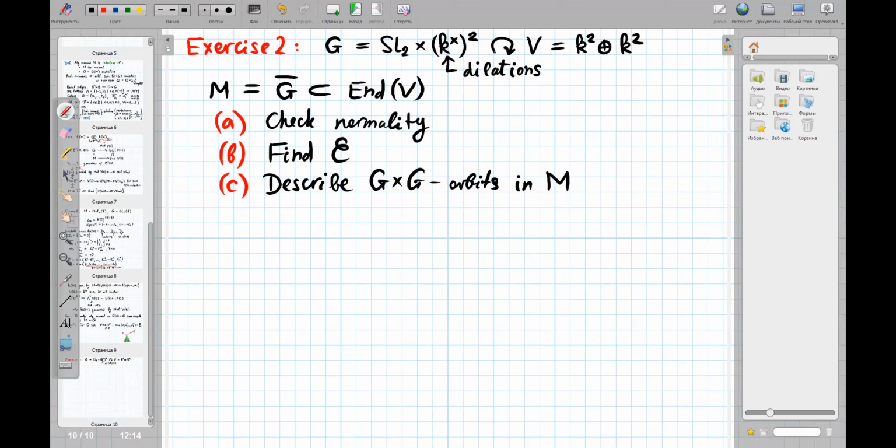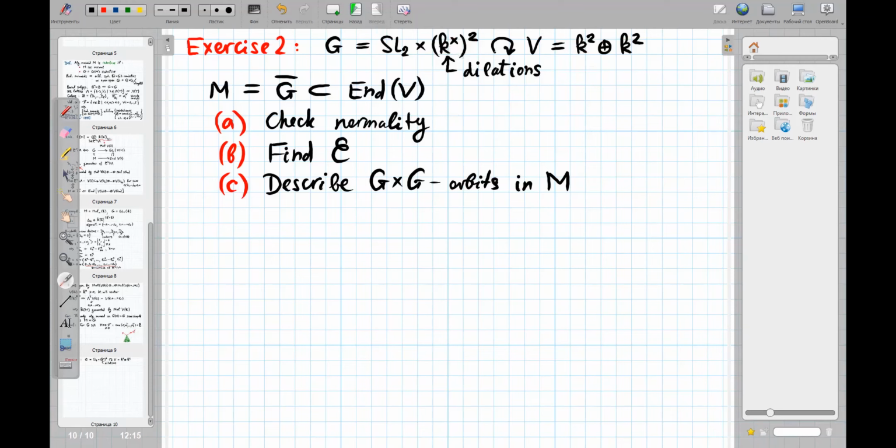Dilation means multiplication on each coordinate, right? Yes, not by each, yeah. I mean this is the direct product of two copies of K star, and the first copy of K star acts here by multiplication, while the second copy of K star acts here by multiplication.